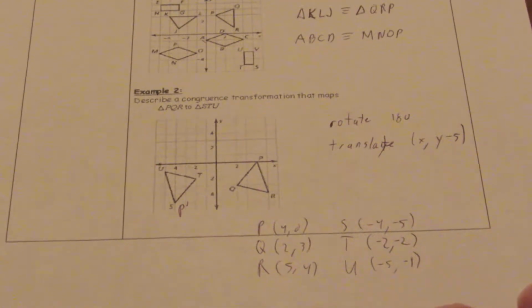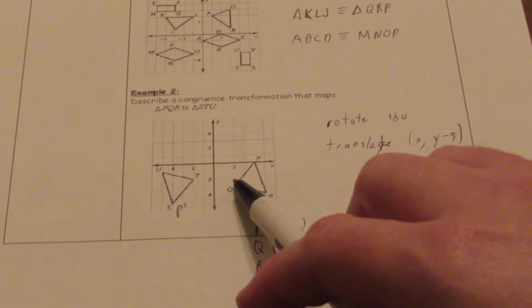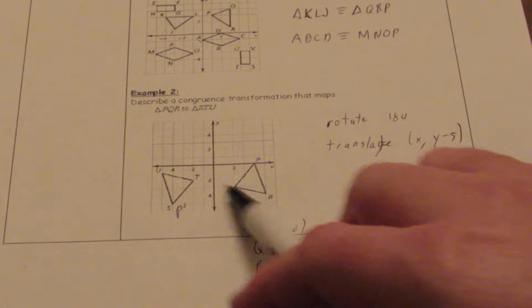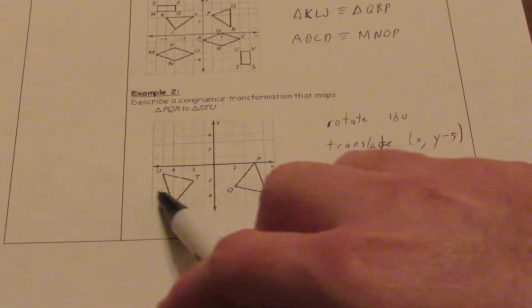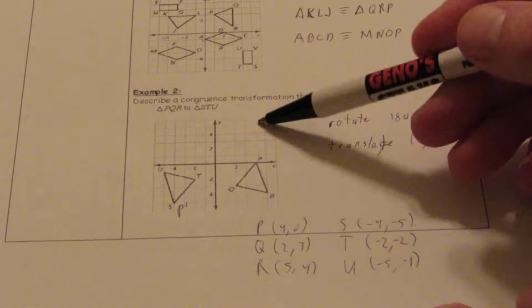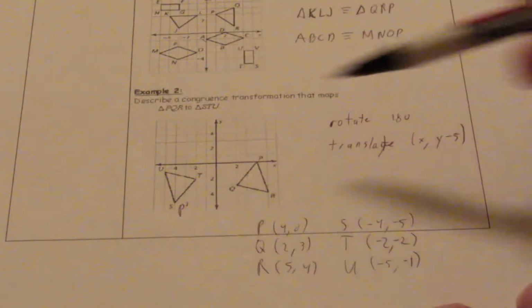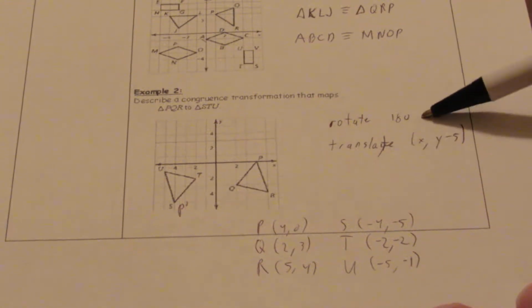It's either a reflection or a rotation. If it was a reflection, the R would match up down here with the T. This would be flipped if it was a reflection this way. Reflection this way would be pointing the other way. So that leads us to think it's a rotation.